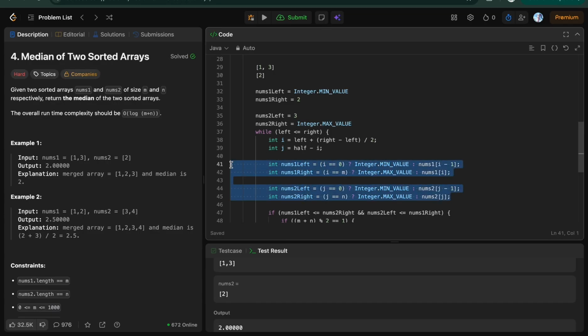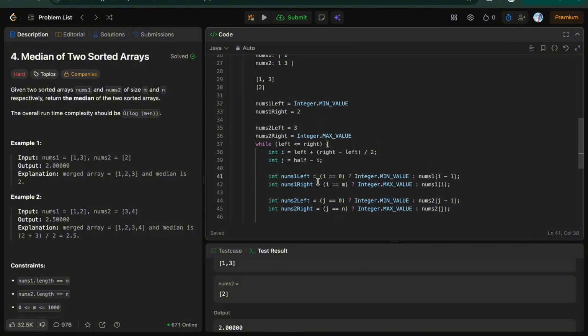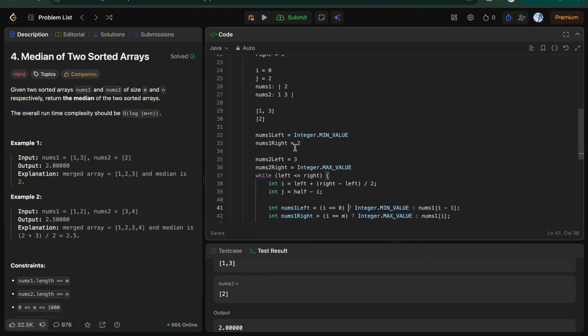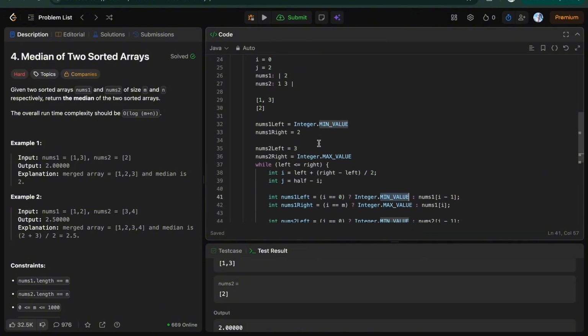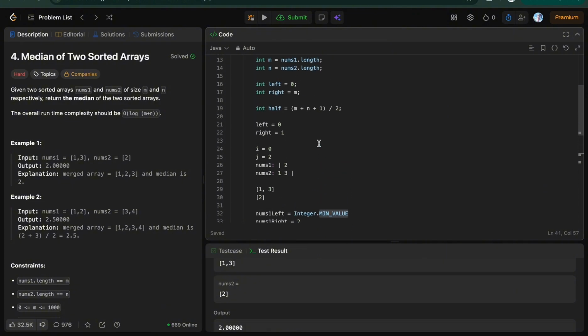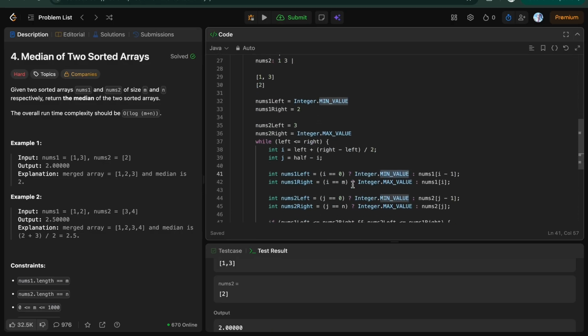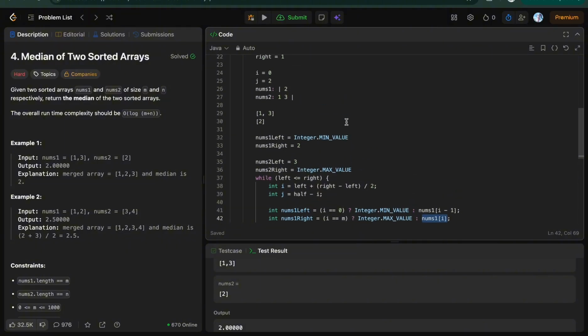Just by looking at it, because I already wrote down the i and the j, with i being 0, we grab the minimum value, since i equals 0. If i is not equal to m, then we don't grab the maximum value; we just grab the element at i inside nums1.